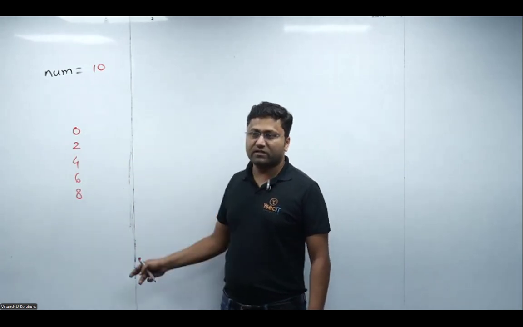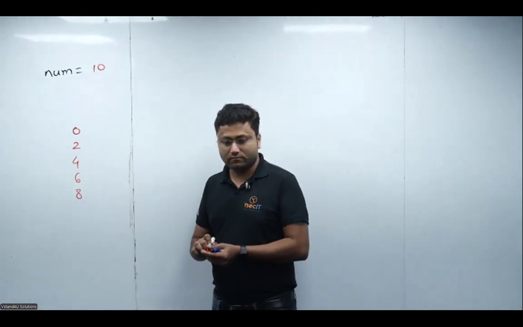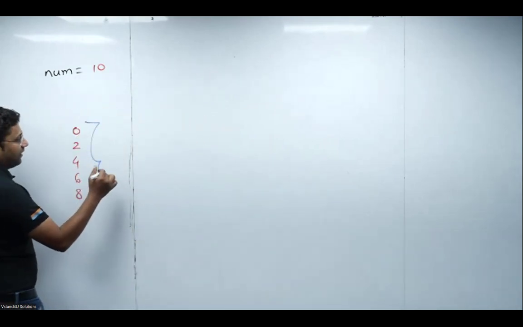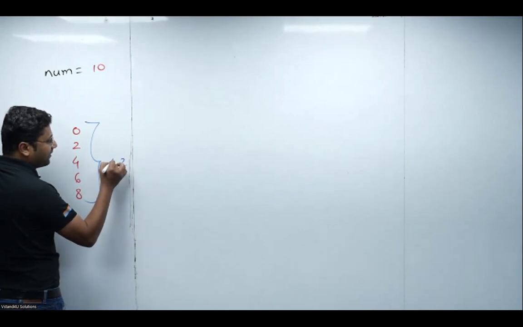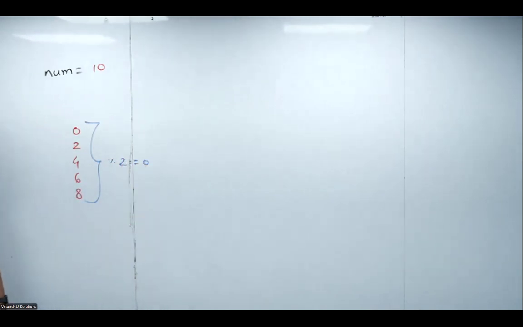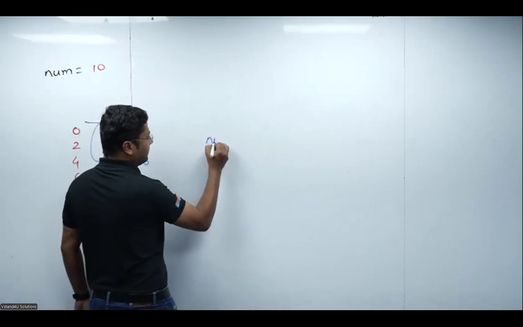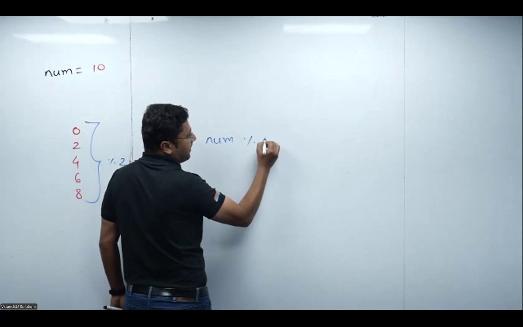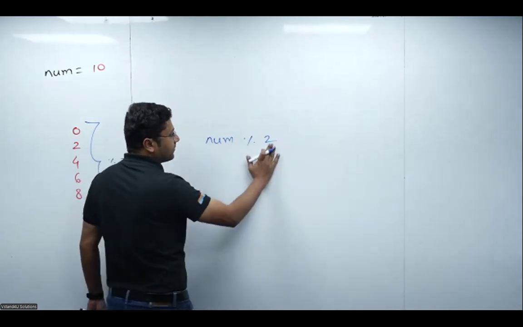If you observe these numbers, there is something common: all the numbers are divisible by 2, and this is how we check divisibility. Whatever number is given, if I want to check divisibility, I do a modulus, with 2 in our case.